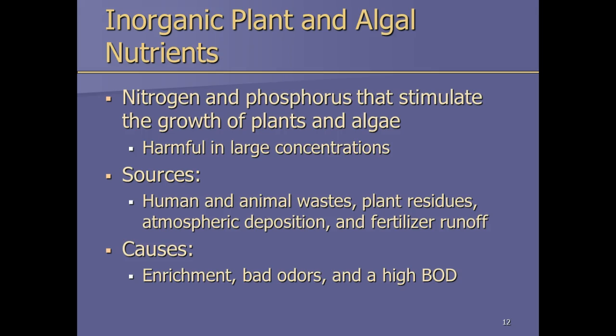That's where the bad odor comes from, because as these guys metabolize, a lot of them will put off waste gases. Some can be sulfur, some can be methane, and then we have a very large oxygen demand, or biological oxygen demand.